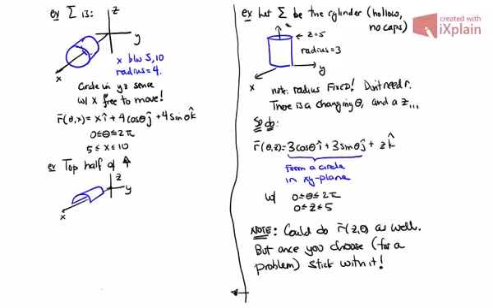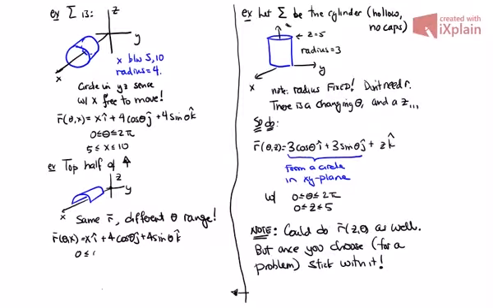In this case, we can use the same parameterization. It's just the range of theta that will change. So we have to pay attention to that. Same r, different theta range. So I'll just relist it: x i plus 4 cosine theta j plus 4 sine theta k. Theta will go from 0 to pi.